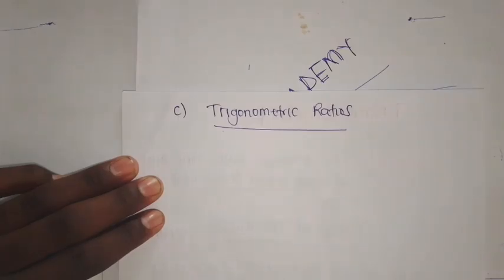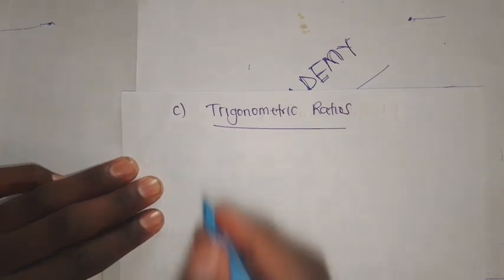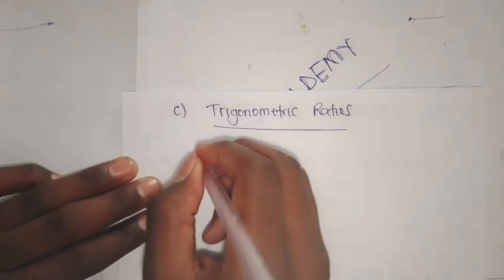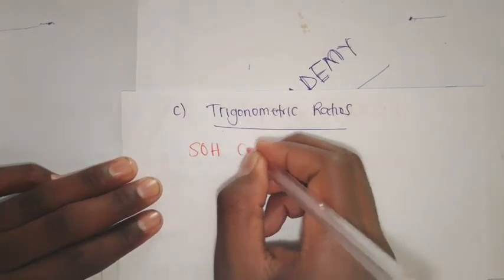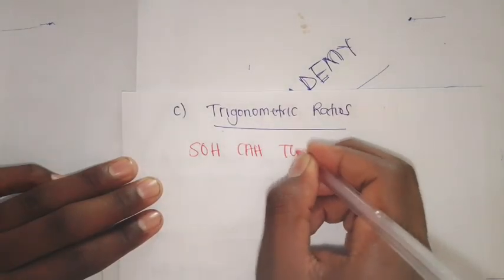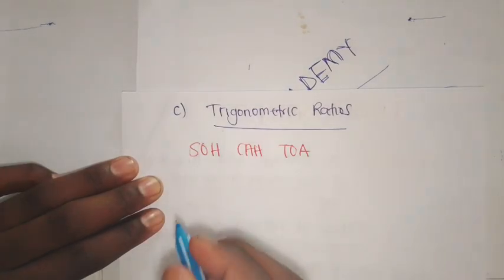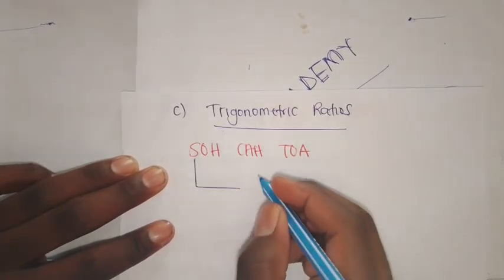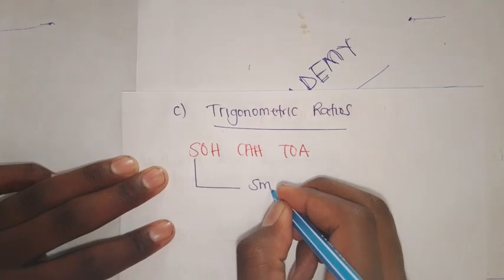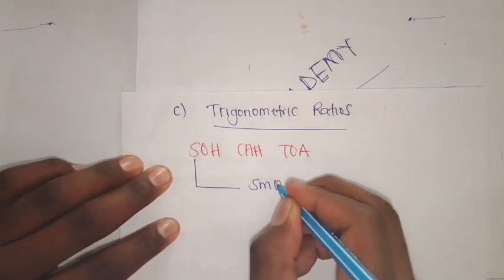Now what is SOHCAHTOA? SOHCAHTOA is just a mnemonic that we use to remember how to deal with trigonometric ratios. So this S stands for sine theta.